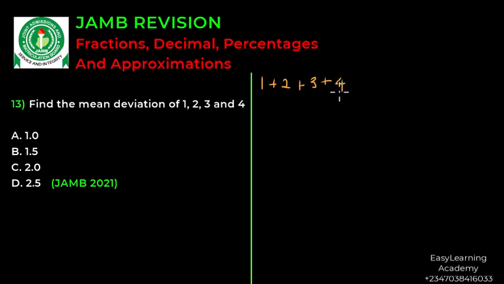And there are how many numbers here? 4 numbers in total, so it's going to be divided by 4.